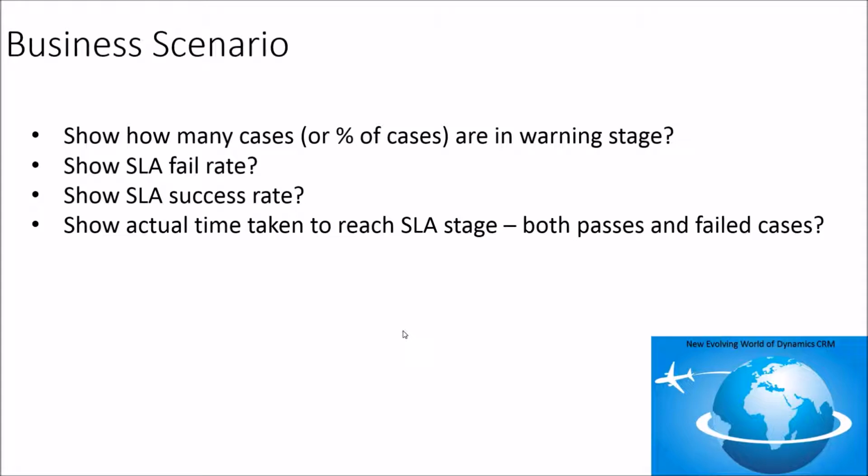Now, one of the biggest misconceptions about SLA in Dynamics CRM is that SLA should be capturing this kind of data, or say the out-of-box SLA configuration should be capturing this kind of data. Unfortunately, the answer is no. Out-of-box SLA does not capture failed SLAs or successful SLAs or any kind of date time stamp to do different types of reporting and calculation.